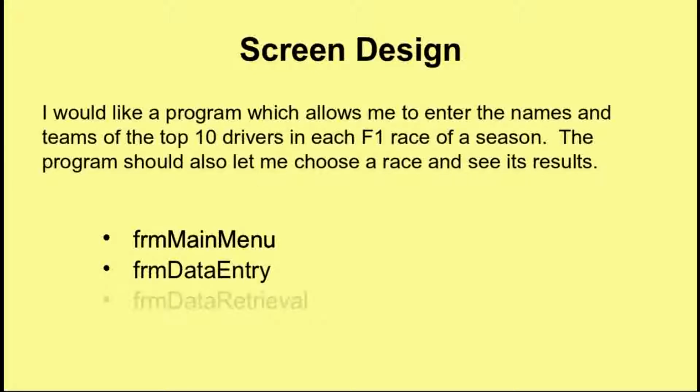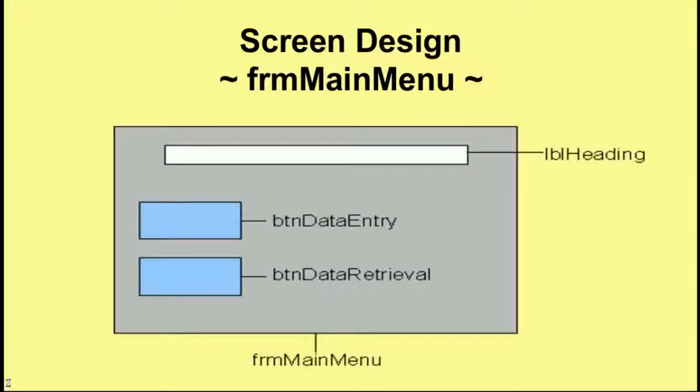And we're also going to need a data retrieval form. So that's FRM data retrieval, each with a capital letter. Now we've decided on the general layout, we can get down to the design of the forms themselves.